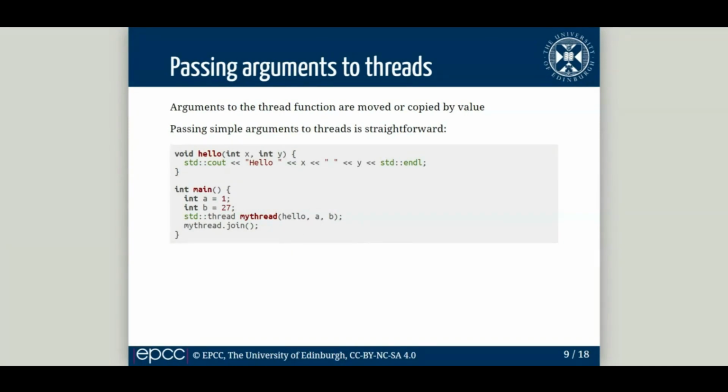So when we create the thread object, named my thread, we have 3 arguments: the name of the function and the 2 arguments, x and y. Then you wait with my thread join, and you will get this print.